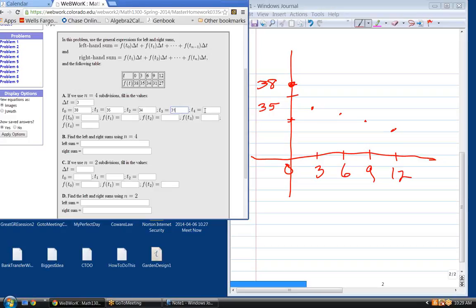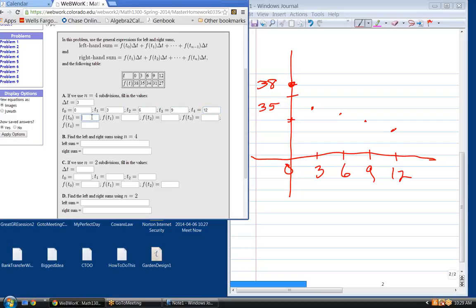Now it's asking what the function of T0 is. So, would we do 3 times 38? These are all wrong. These should be 0, 3, 6, 9, and 12.